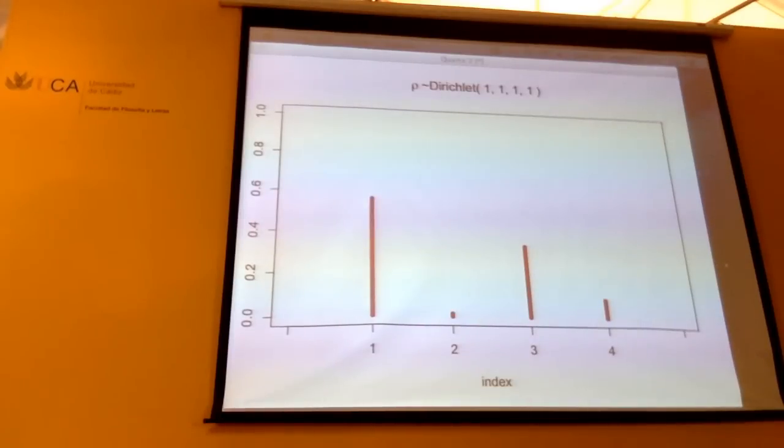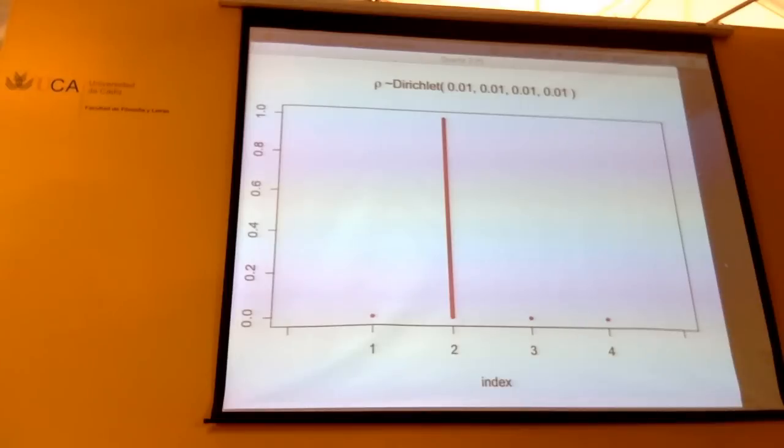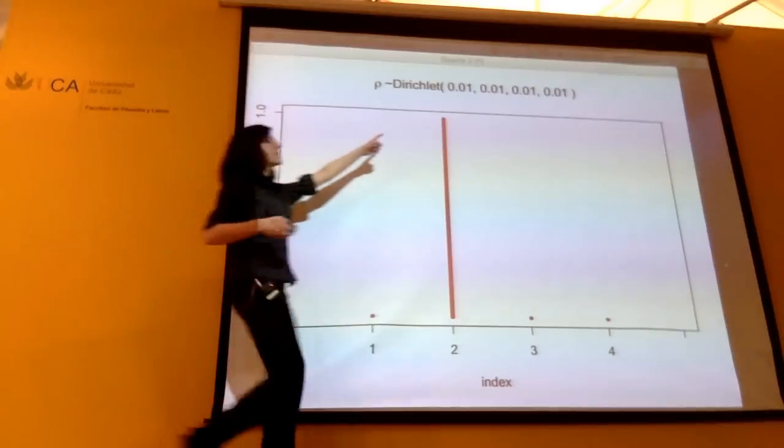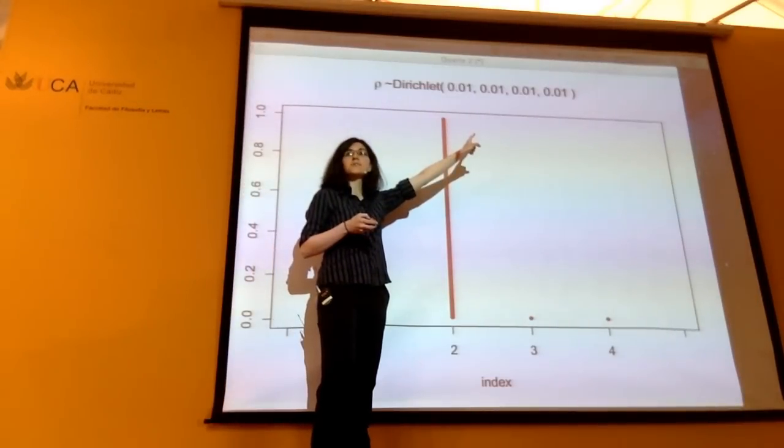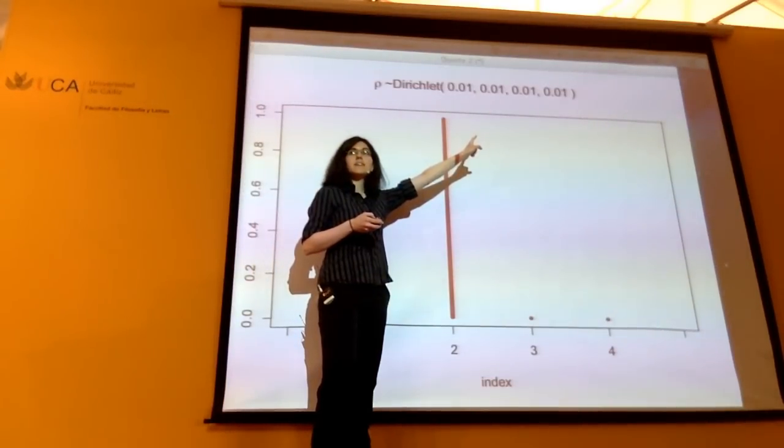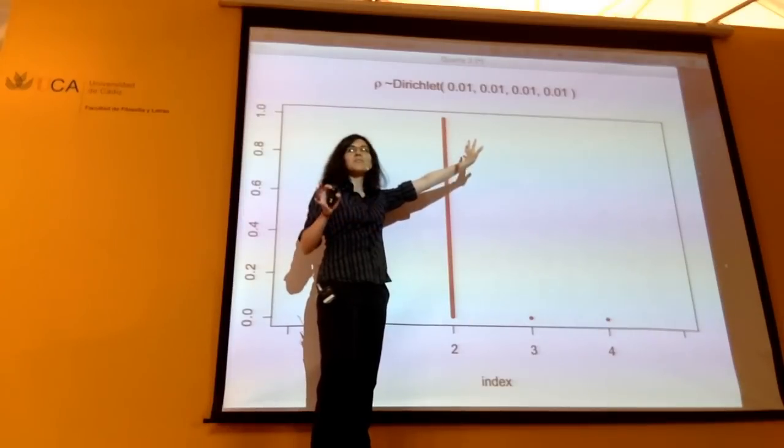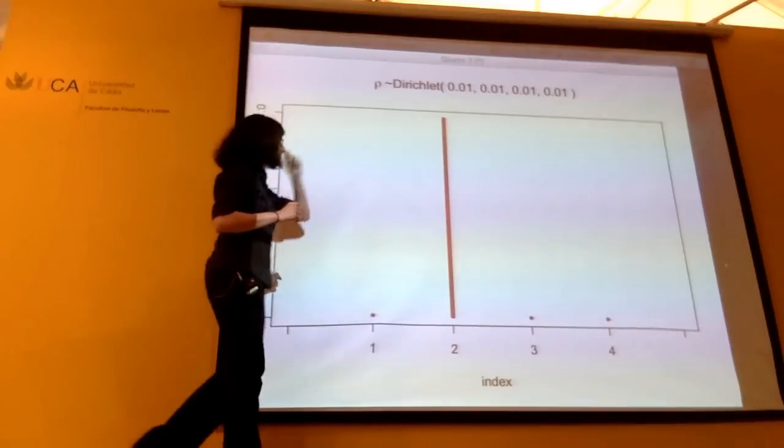Okay, let's try another one. Now we do the same thing that we did before, where we take all the A's equal to 0, like we did for the beta distribution. Well, we take them very small. We don't take them to 0, but we take them very small.